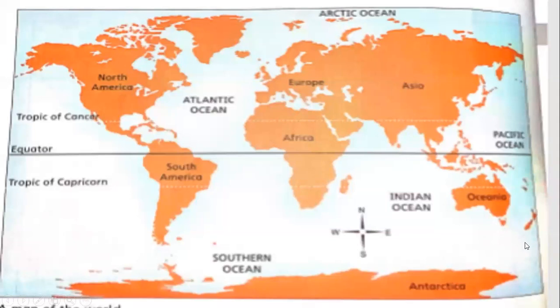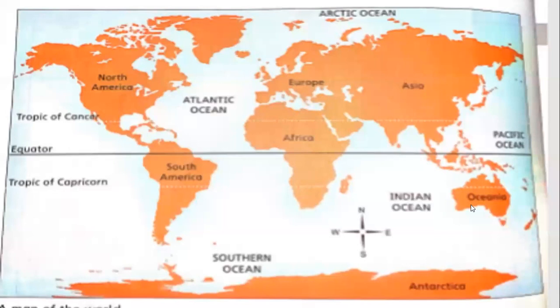So 7 continents are here. You can read: Europe, Asia, Africa, Oceania, Antarctica, North America and South America. After that, the oceans. Here you can see the position.